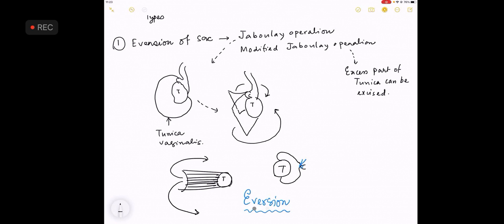So we don't need that large part of tunica, that can be excised and then it is everted and a stitch is given posterior to the testes. This is all that you need to know. This is the most common operation that you need to know for a hydrocele. Majority of you are asked, what is this operation? Forget about the steps. Tell me what is this operation. If you have said this, the examiner is very happy.